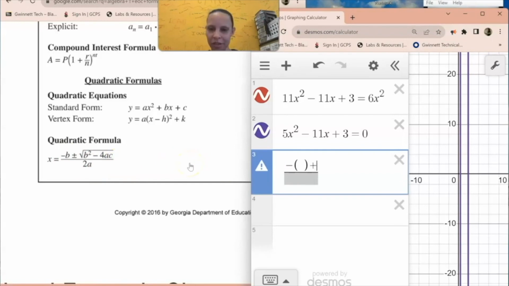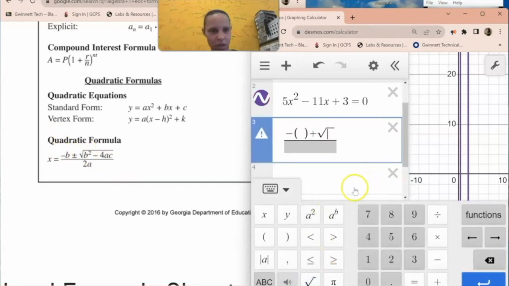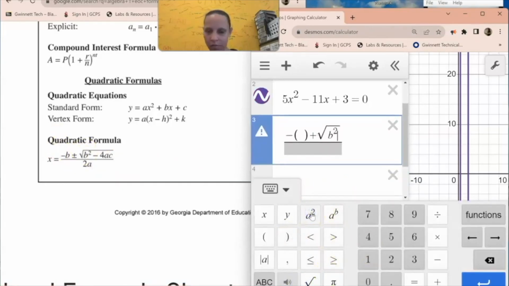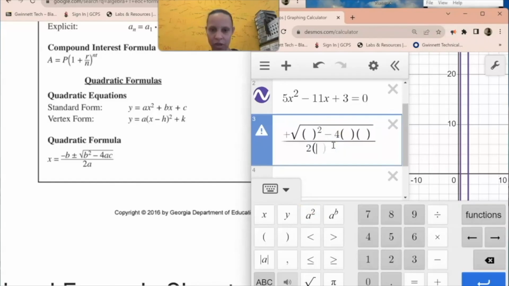I cannot put plus and minus, so I'll start off with plus, and then I'll put minus after. So now square root, and then I have b squared, so b squared minus, and again, anytime you see the letters, go ahead and put parentheses in their place, minus 4, and then I see a letter again, so a, and then c in parentheses, all over 2, and then parentheses.